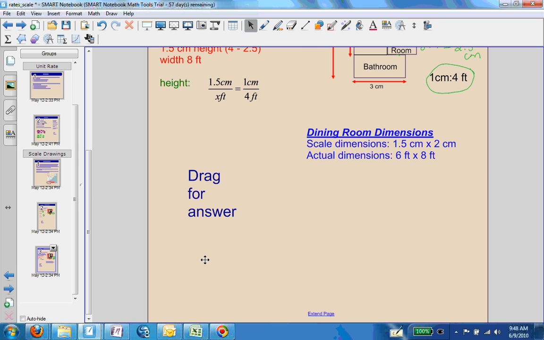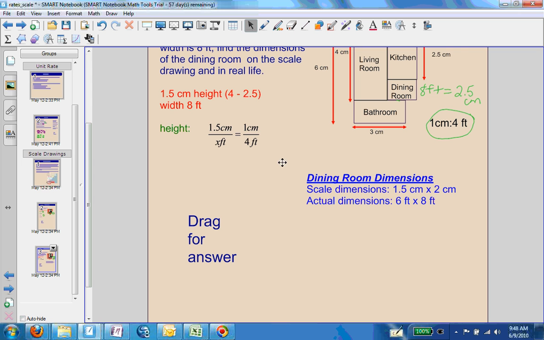So if the height is 1.5 centimeters over x feet, and we're going to use the scale 1 centimeter equals 4 feet, when you solve, you get the height equals 6 feet.